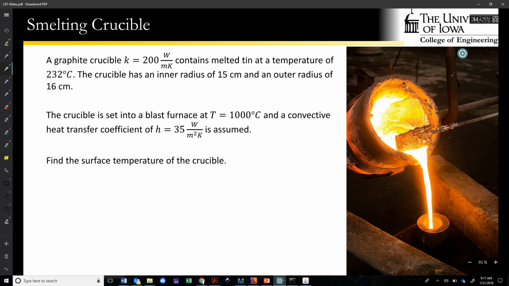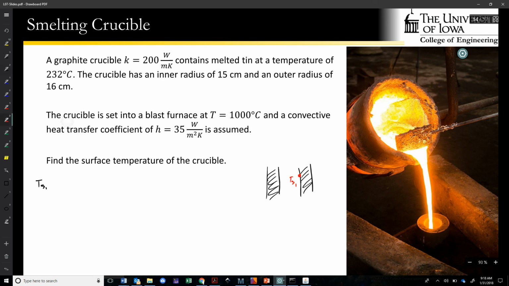So in a case like this, if we have a graphite crucible with a thermal conductivity of 200 watts per meter Kelvin, we're going to say it's melting tin. Tin melts at about 230 or so Celsius. So here are the walls of our crucible.